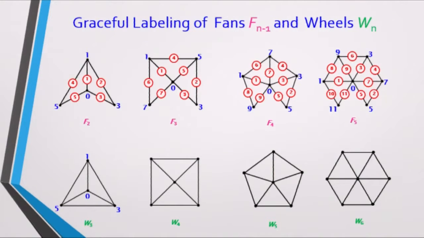But because we added an extra edge over here, we need to somehow change those values, and here it is. Now, the difference is 1, 2, 3, 4, 5, and 6, and that's graceful. How about the next one? Well, start with the graceful labeling of the fan, and then change these two numbers.